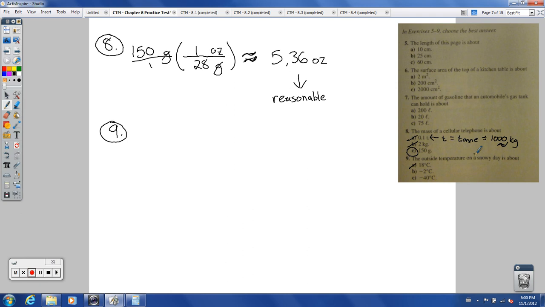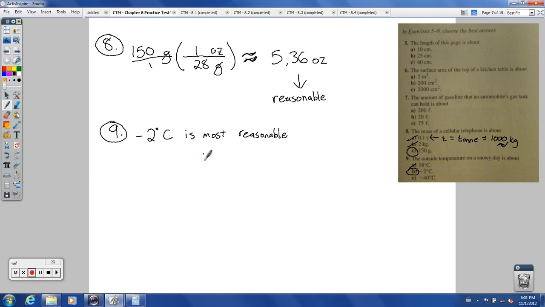So I don't really like the fact that they have 2 negative temperatures here. We could be in like Antarctica or somewhere in the Arctic, and it could be negative 40 degrees Celsius and snowing, but outside temperature on a snowy day, I think what's most reasonable in most places would be choice B. So this one, I would say negative 2 degrees Celsius is most reasonable, something like that, if you had to give an explanation.